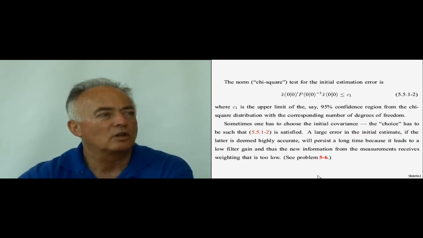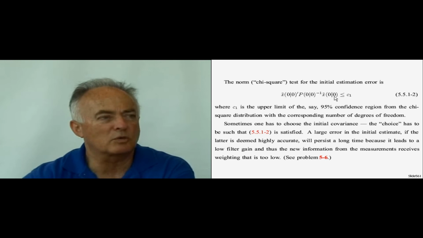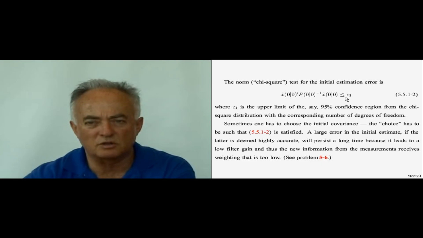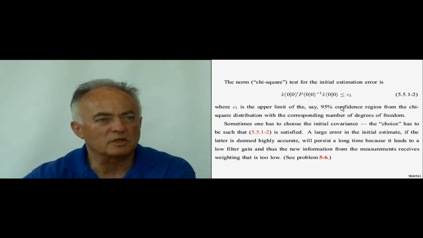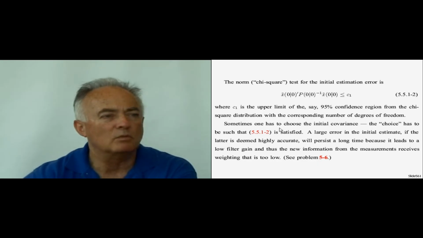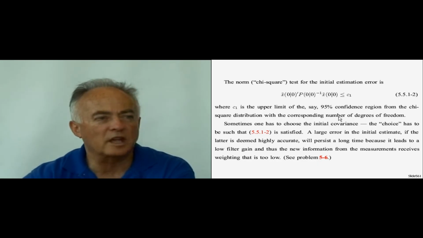And the chi-square test, or the normalized initial estimation error squared, x tilde 0 transpose P inverse x tilde, should be less than some constant C1, based on the 95% confidence region for the chi-square distribution. That's nx degrees of freedom.